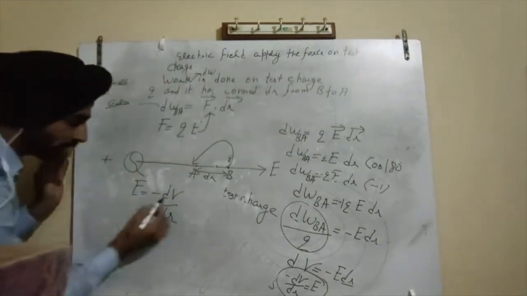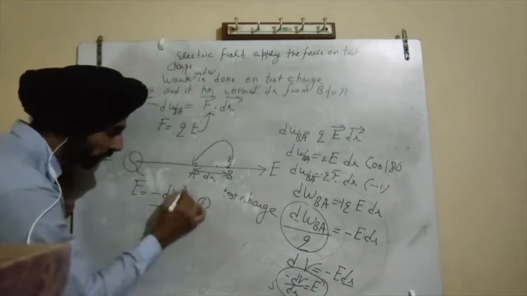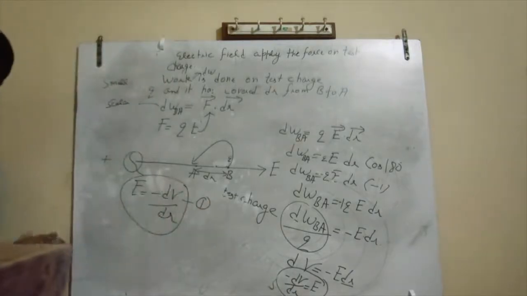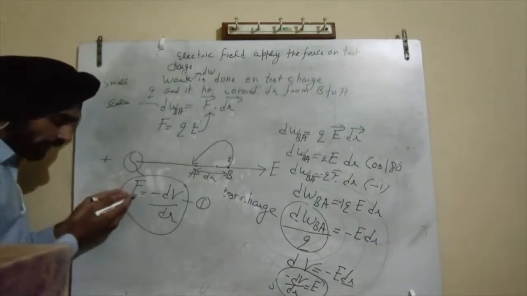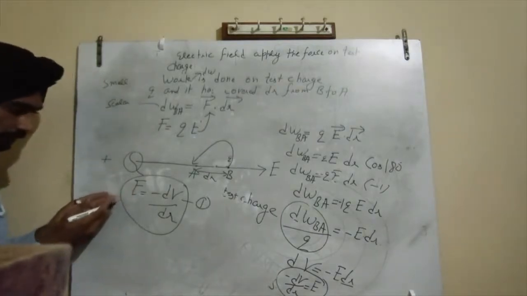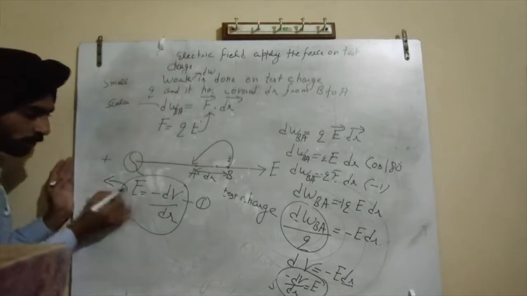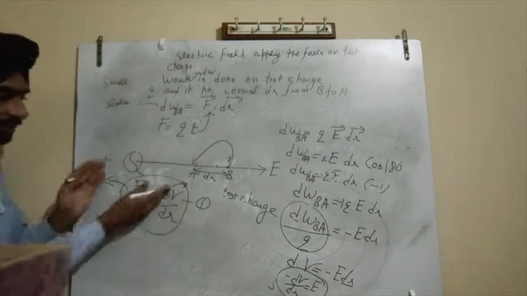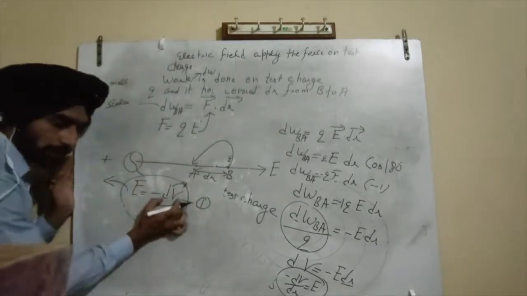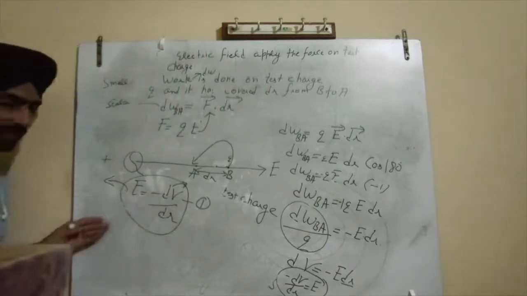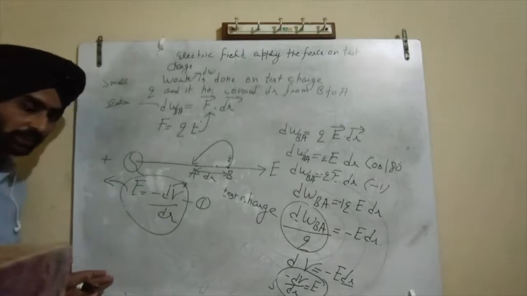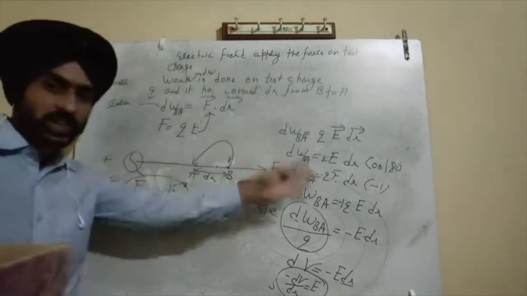So what information is this equation giving to us? It means the electric field is in the direction of decreasing potential with distance. So the electric field has the same direction in which the potential is decreasing.